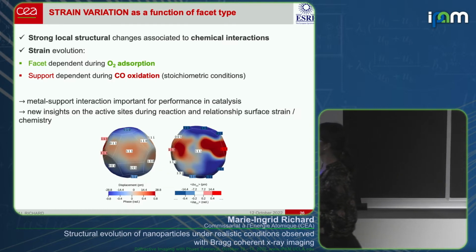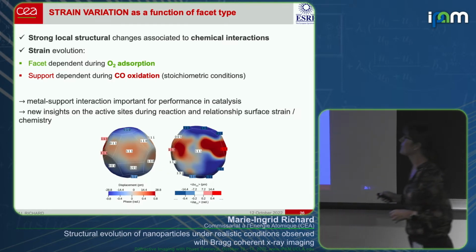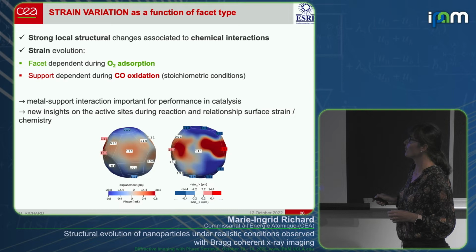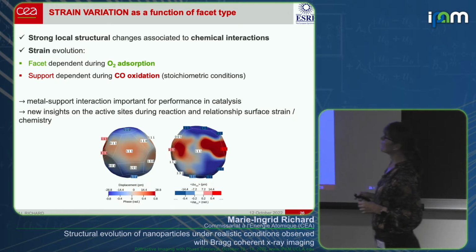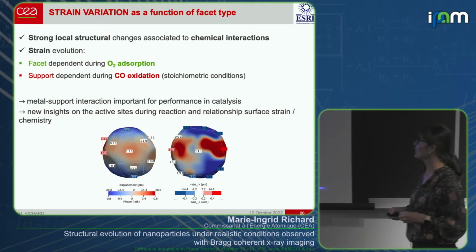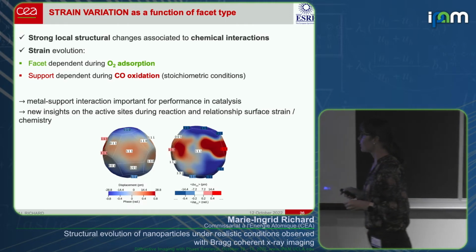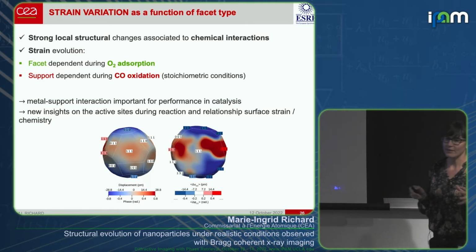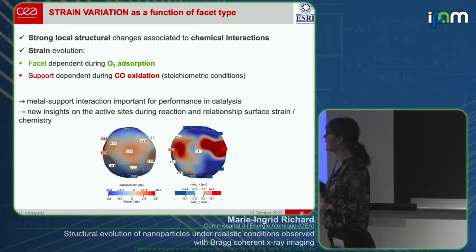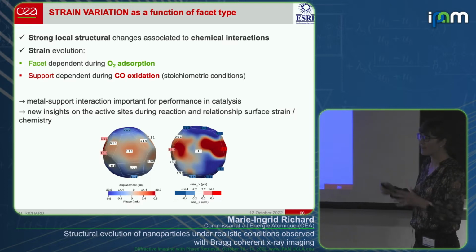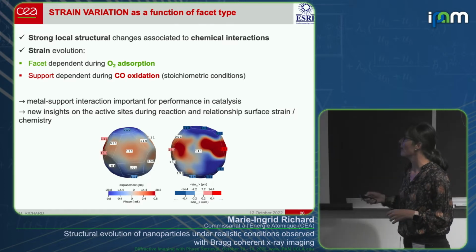So strain evolution is facet dependent during oxygen adsorption and support dependent during the CO oxidation. The metal-support interaction is very important for the performance in catalysis, and this will help to localize the active sites during the reaction.